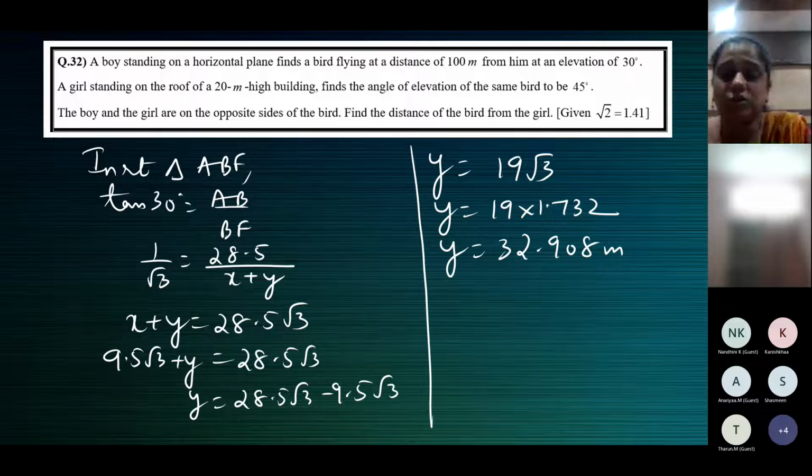So the distance he walked towards the building is 32.908 meters. This is a test. The 32nd question is a test. Do it. Take down the question and try it.